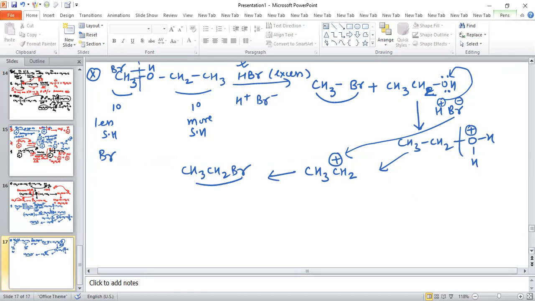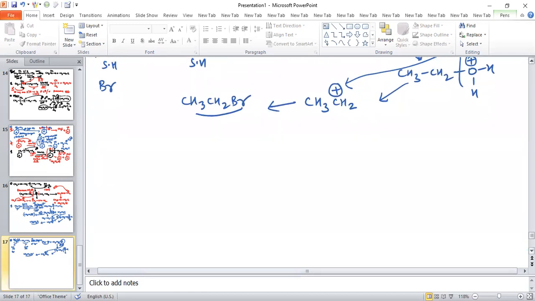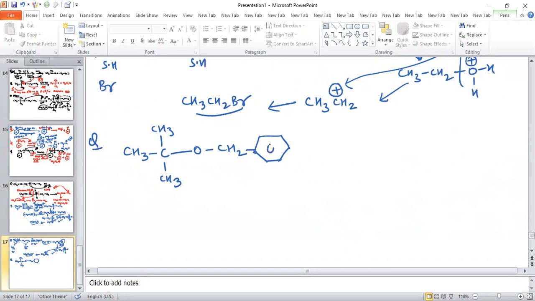Now see another question related to this. The question is like this: there is CH3 and there is also CH3, having oxygen. This is CH2 and this is basically the benzene.